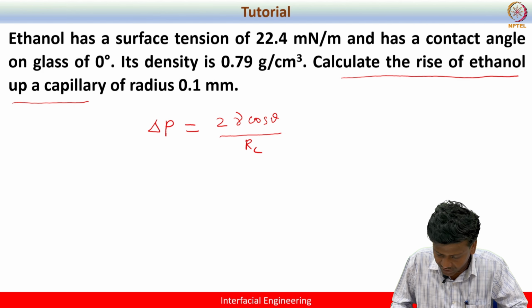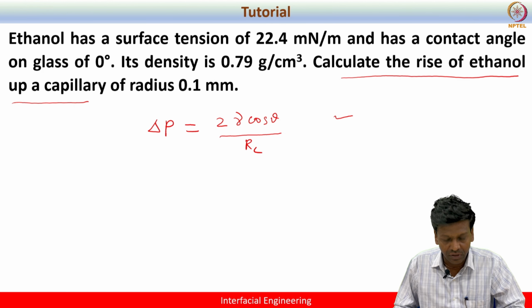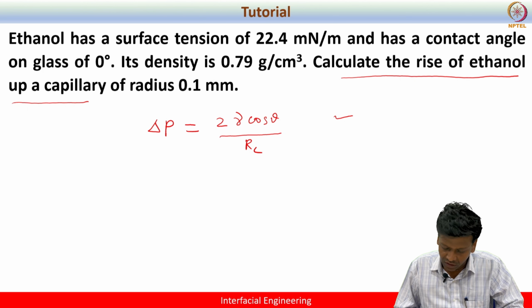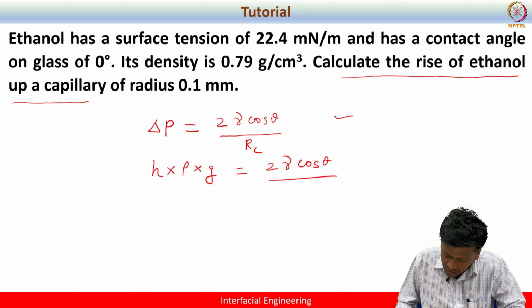This is the relation that we obtained using the derivation in the last lecture. So delta P is nothing but H into rho into G, whereas on the other side we have 2 gamma cos theta by RC. RC is the capillary radius.